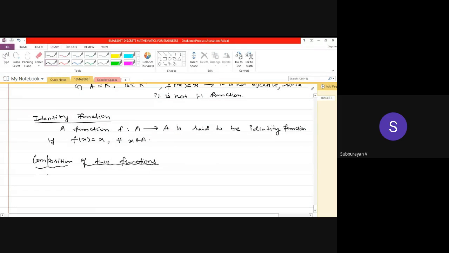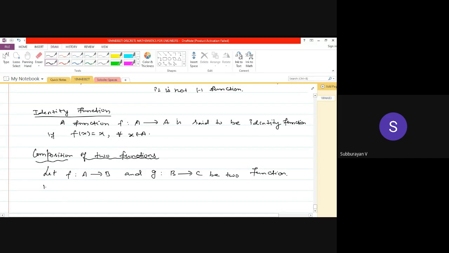Now let f from A to B and g from B to C be two functions. The composition of f and g is defined as follows.